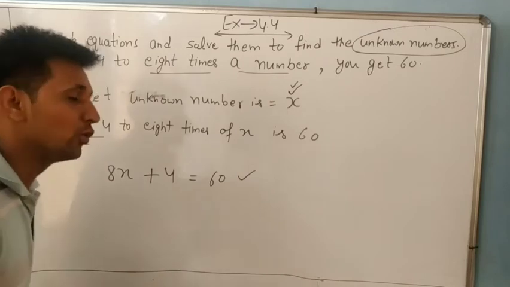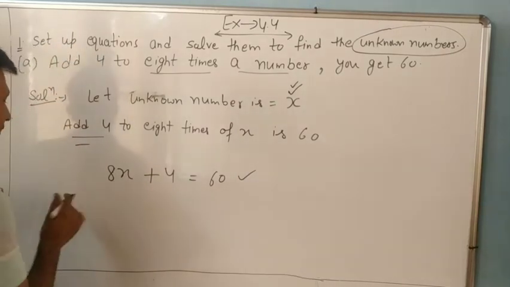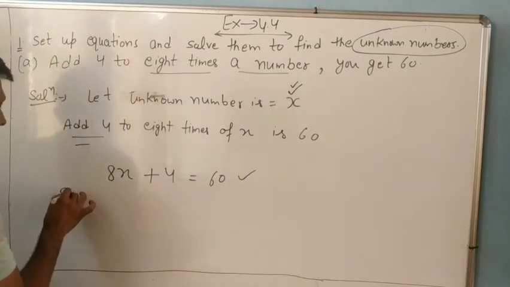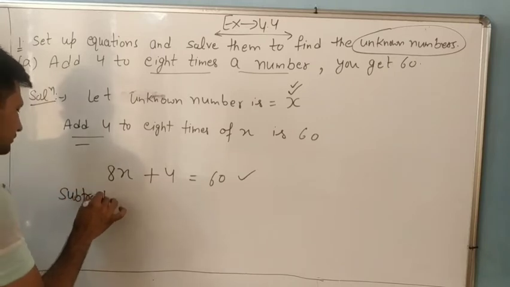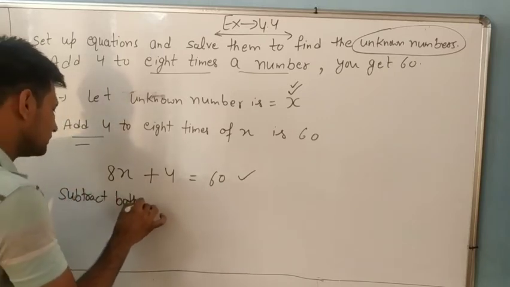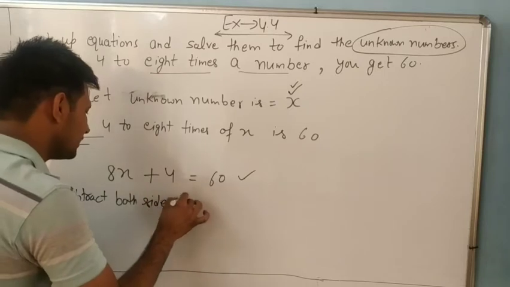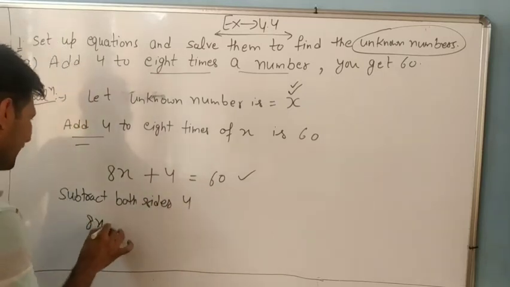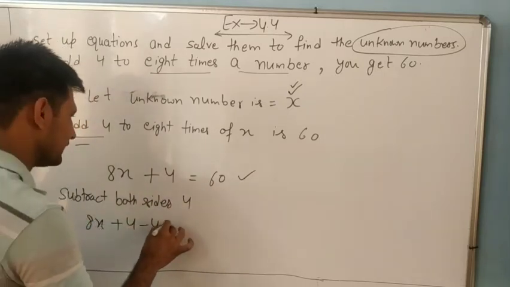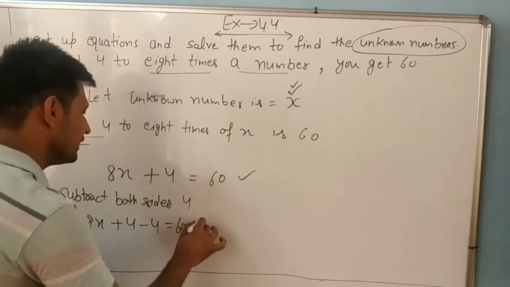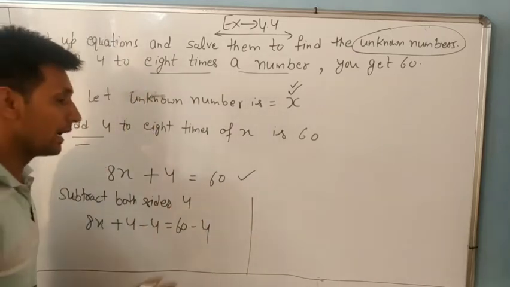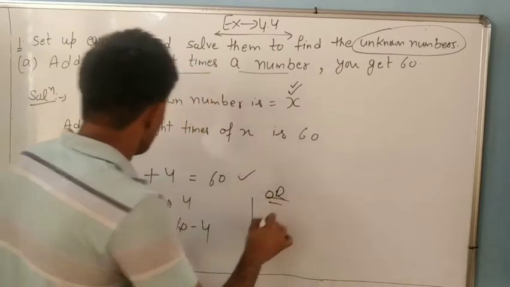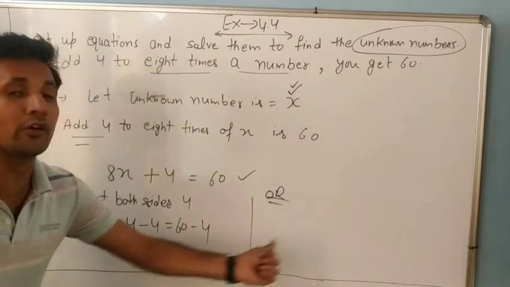How can you remove it? You can write subtract 4 from both sides: 8x plus 4 minus 4 equals 60 minus 4. Or you can write transposing 4 to the right-hand side.